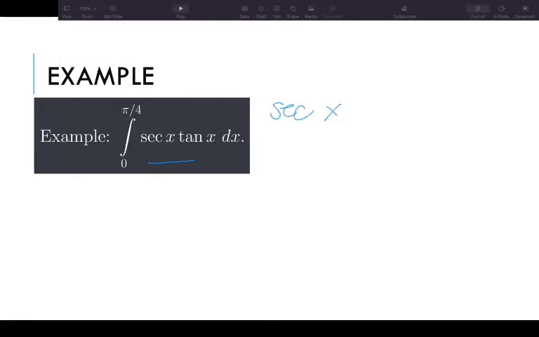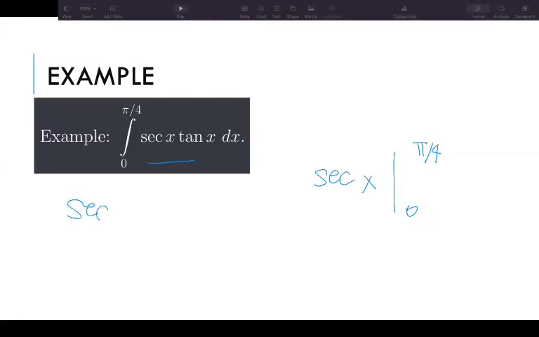As you can recall from differential calculus, this is just the derivative of secant x. With this in mind, we can easily integrate this function. So the integral of this one is simply secant x from 0 to pi over 4.